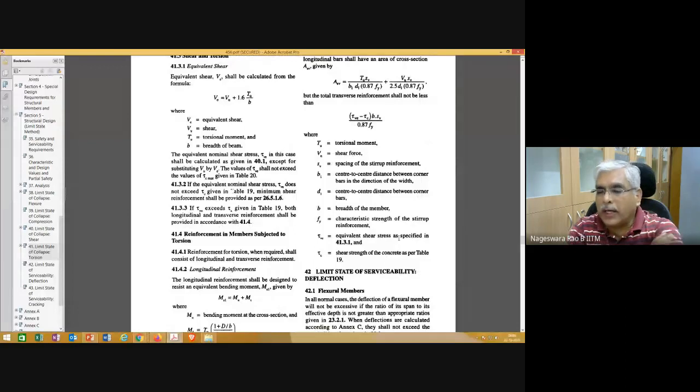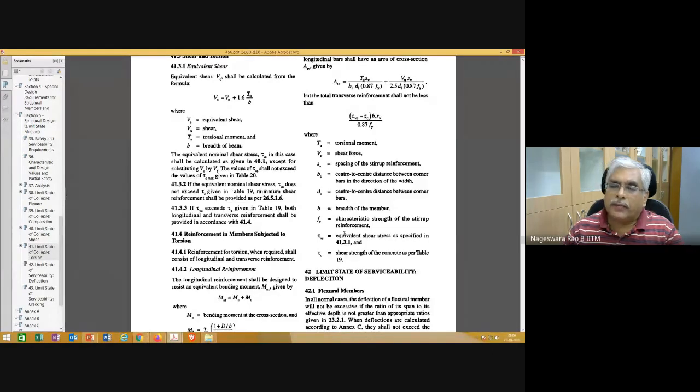Then you need to provide shear reinforcement. And before that, you need to check whether nominal shear stress is exceeding tau C max given in table 20. And if it is exceeding, then you need to redo the design.